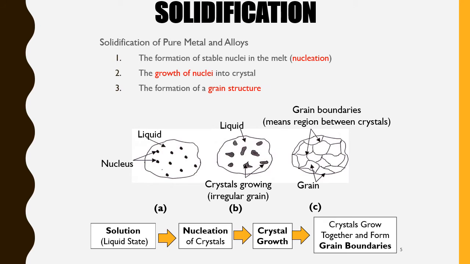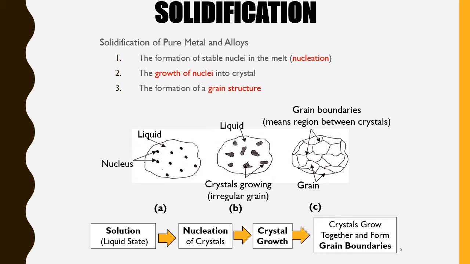Let us take a look at how solidification occurs in metal and alloy. First, they will form a stable nuclei in the melt. We call it nucleation. Number two is the growth of nuclei into the crystal. And number three, the formation of grain structure. So first we have the liquid metal or liquid alloy, and then they have the nucleus.